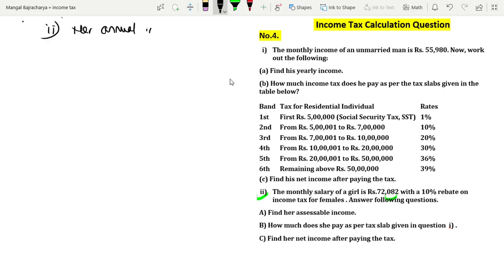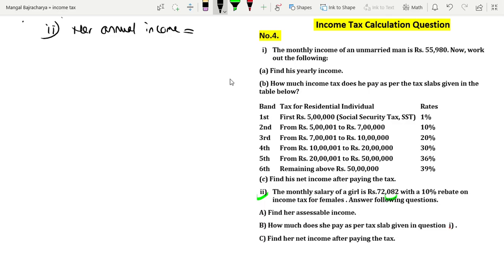So her annual income equal to... If festival allowance is given of 1 month of basic salary, that also should be added here. But nothing is said about that. So we just directly multiply for 12 months.